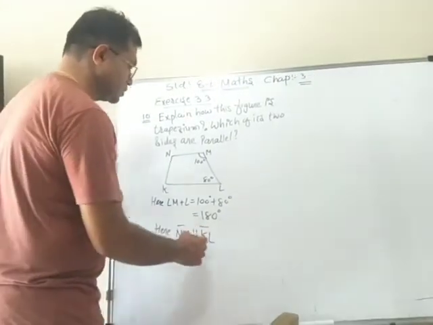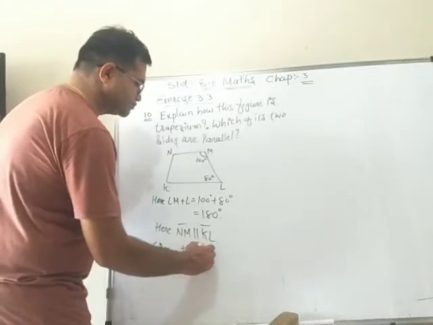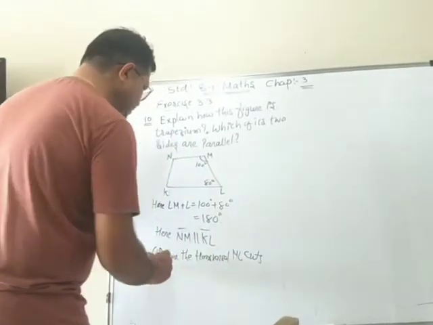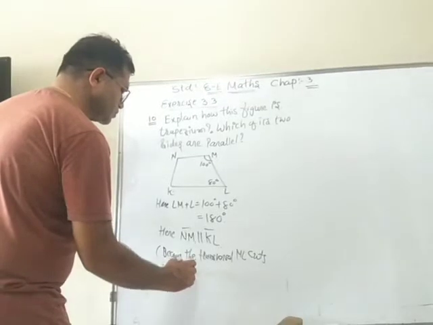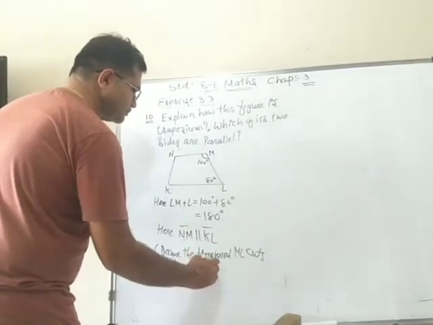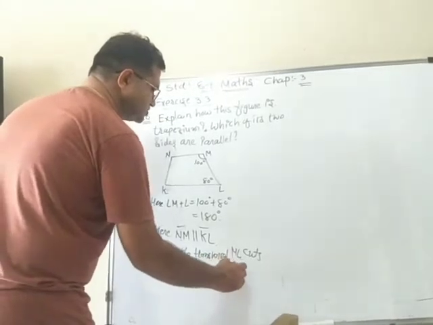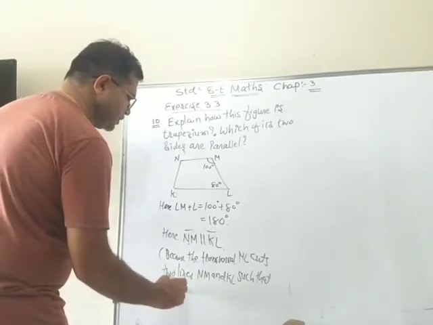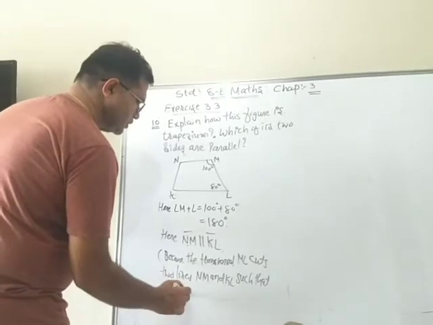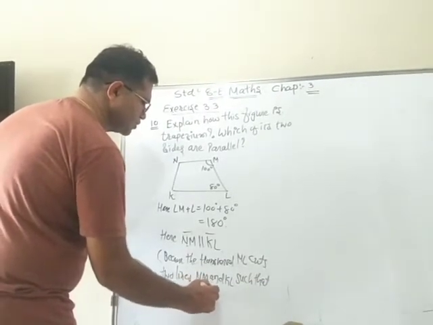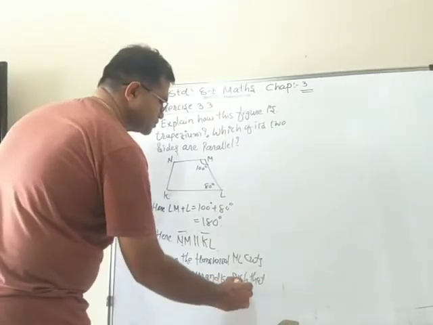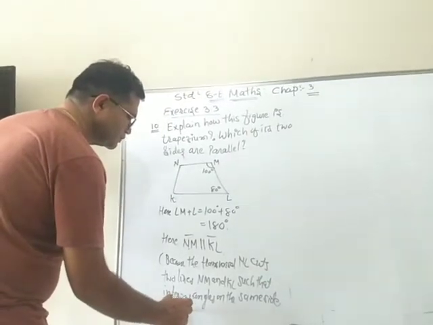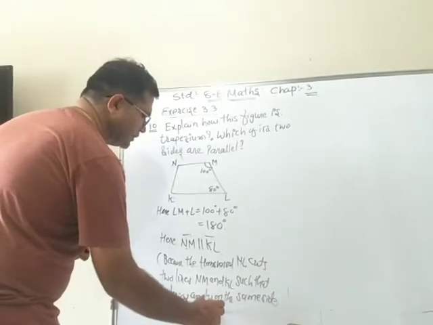the transversal ML cuts two lines NM and KL such that interior angles on the same side of transversal are supplementary.